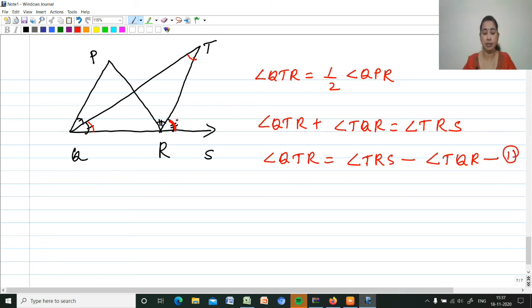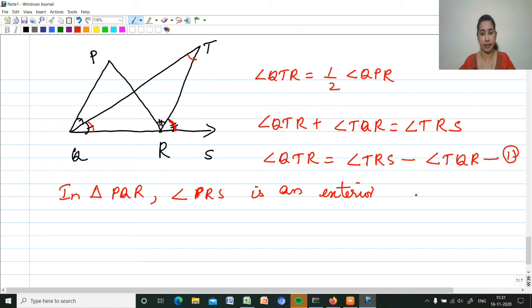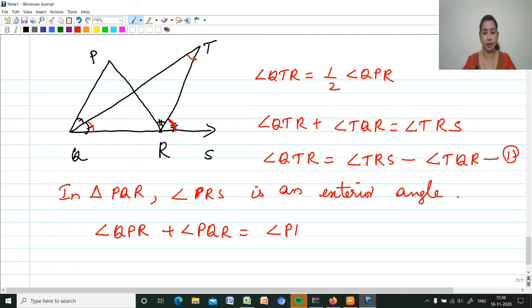From the figure we can say that in triangle PQR, the exterior angle is angle PRS. So in triangle PQR, angle PRS is an exterior angle, or we can write it as angle QPR plus angle PQR is equal to angle PRS.